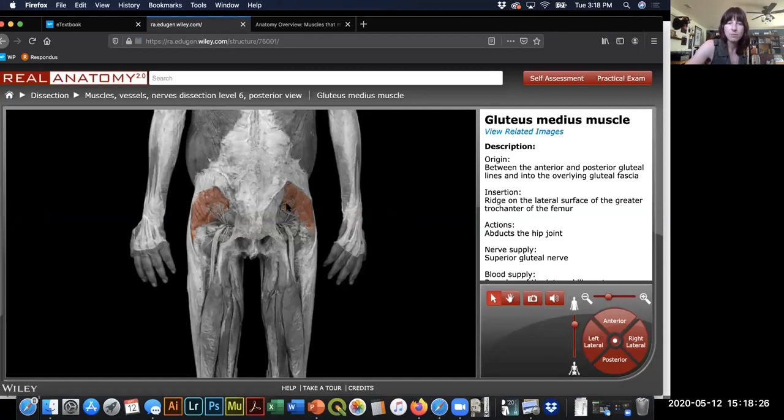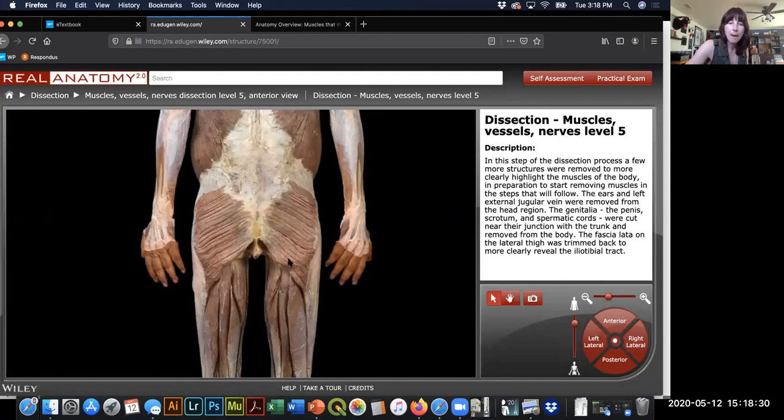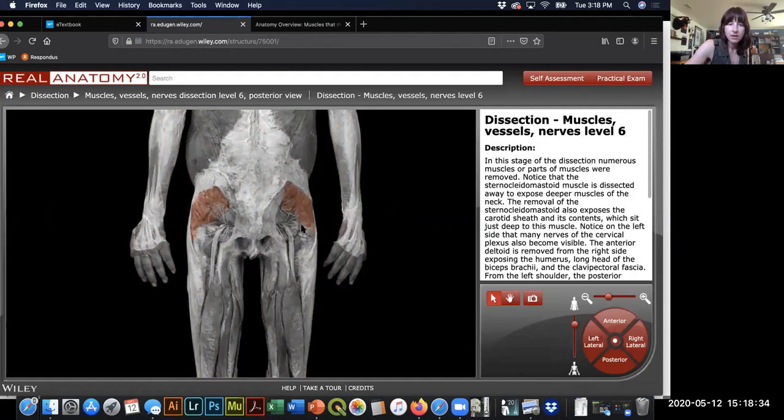So if the gluteus maximus is going to be pulling the leg back, the gluteus medius is going to also pull the leg back a little bit, but also to the side. So it's going to be abducting the leg a little bit, right?